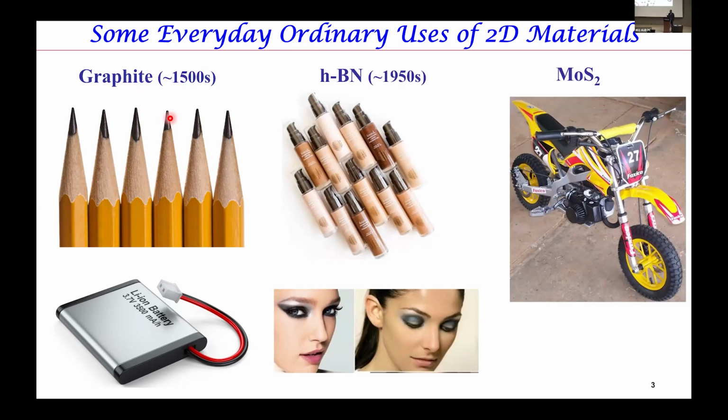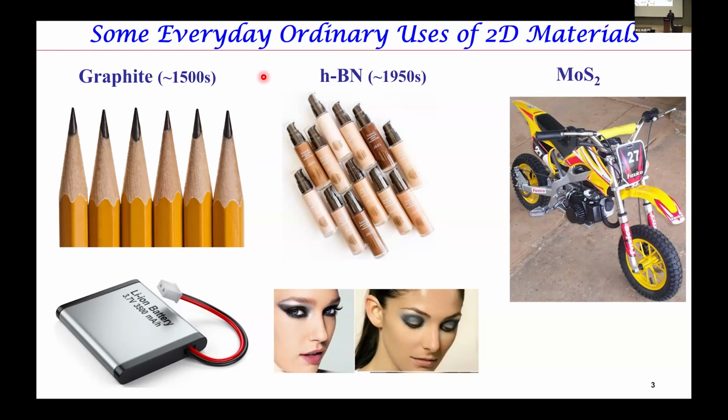The other materials, hBN, for example, is an insulator. Boron nitride is very commonly used now in basically all cosmetics. So some of you that wear cosmetics, no doubt, are wearing hBN without knowing it. It's very useful because it's a dry lubricant, so it absorbs moisture from the skin, keeping the face looking very matte and dry, even during exercise.